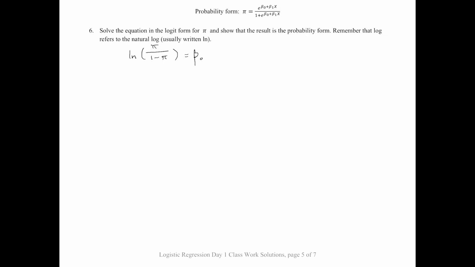So we start with this logit form, as it's called, where the log odds is equal to the linear equation beta naught plus beta 1 times x. Now we want to solve this for pi. The first thing we're going to do is exponentiate. So we raise e to both sides. The reason for that is on the left-hand side, when we raise e to a natural log, we just get the argument, or whatever's inside the natural log.